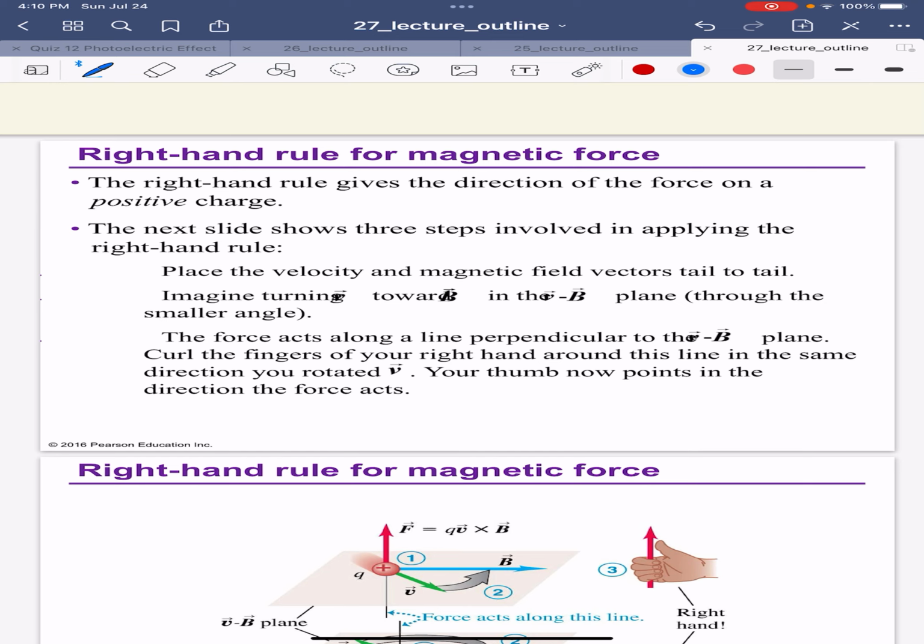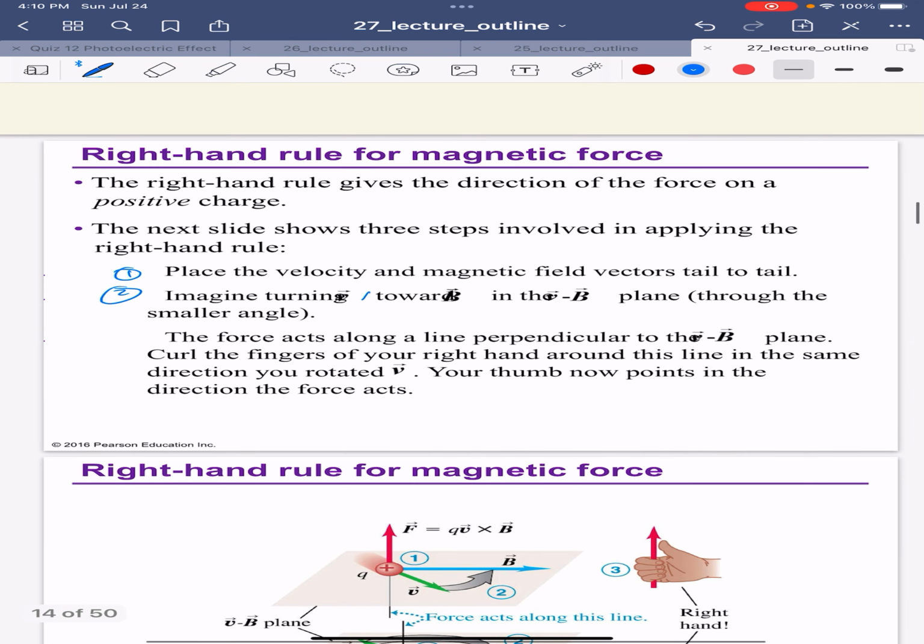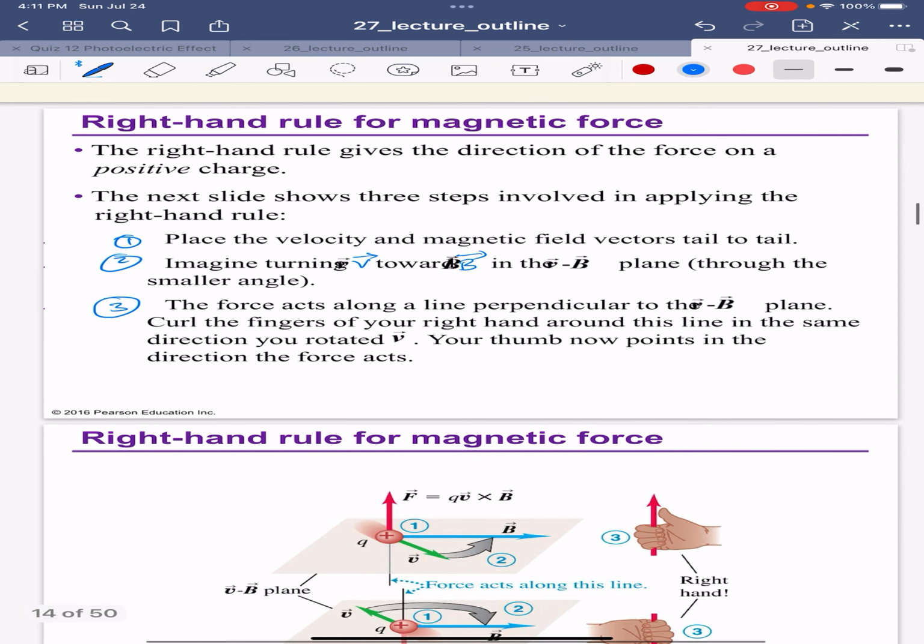Okay, the next slide shows the three steps involved in applying the right-hand rule, which I was talking to you about. Place the velocity and magnetic field vectors tail to tail. Imagine turning V toward B in the plane through the smaller angle, and then the force acts along a line perpendicular to the VB plane.